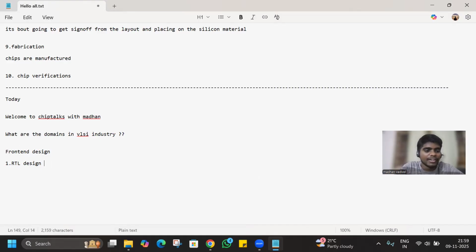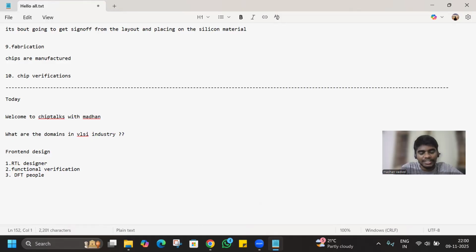The second one is functional verification. The third one comes from the DFT people, the DFT engineers.